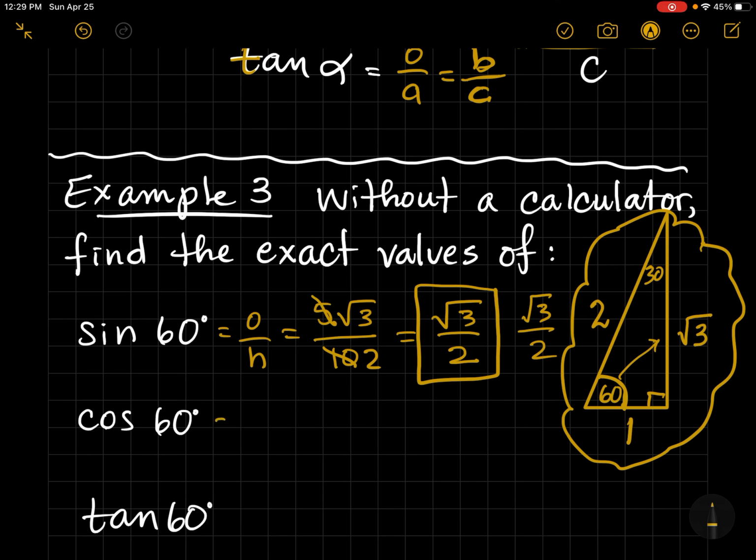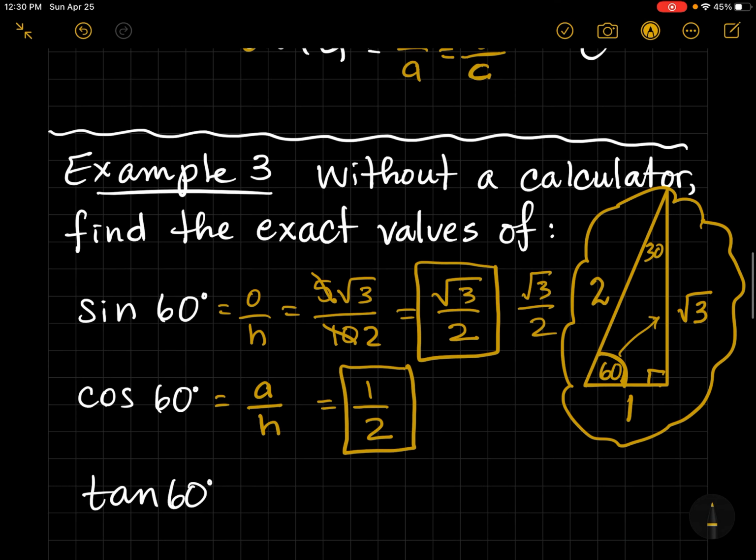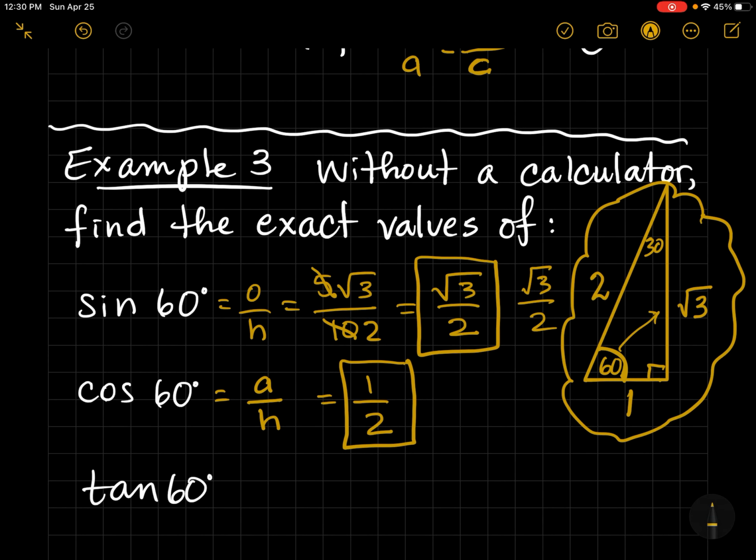Let's do the cosine of 60. The cosine ratio is adjacent over hypotenuse. So if I go to 60, adjacent is 1, hypotenuse is 2. So my exact value is 1/2. Now if I want to know the tangent of 60 degrees, I have to go opposite of the 60 over adjacent.